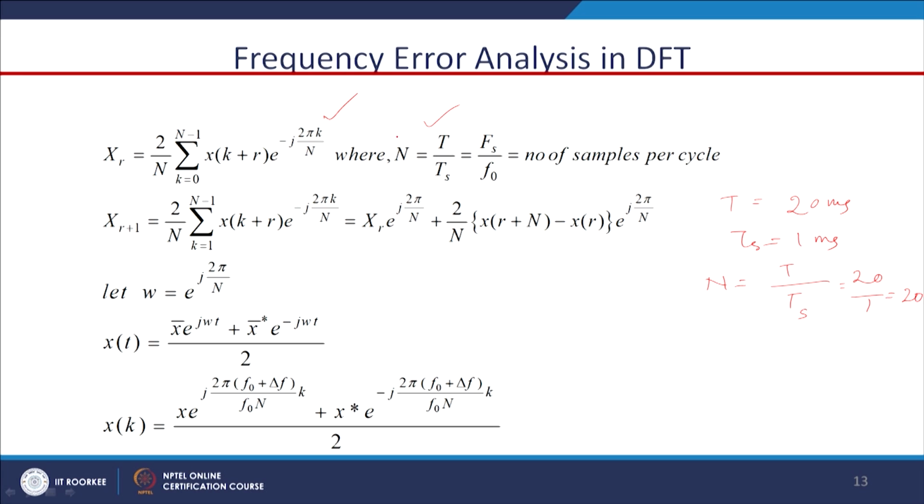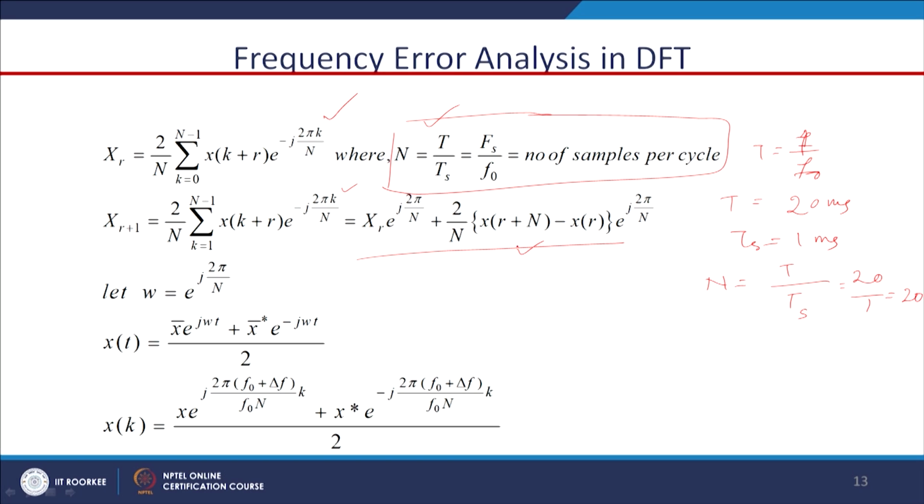That is how N, T and Ts are related to each other. In place of capital T we can also put 1 upon f naught. Putting all this, we get 2 upon N, x of k plus r, e to the power minus j 2 pi k by N, and this is our recursive DFT part.